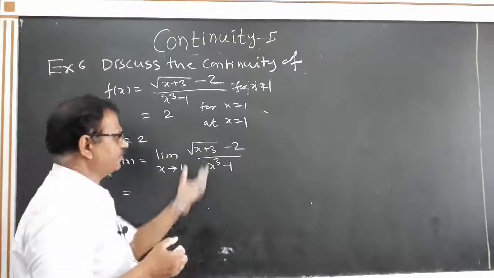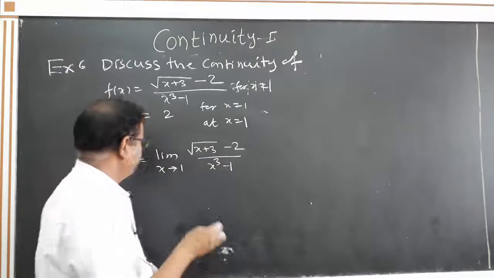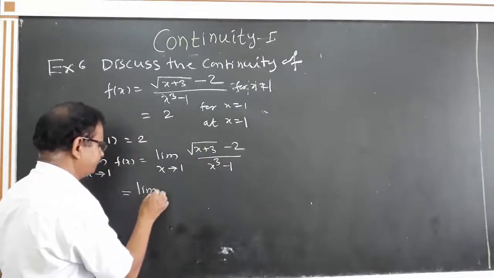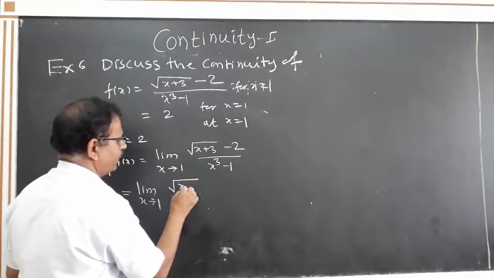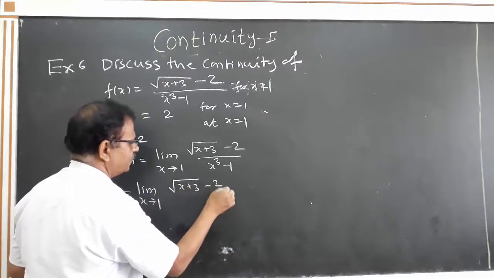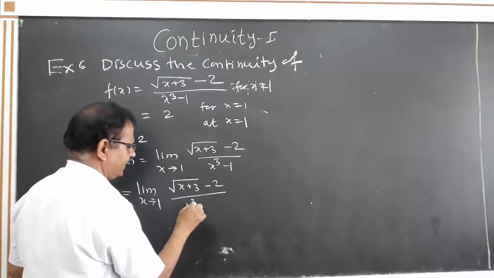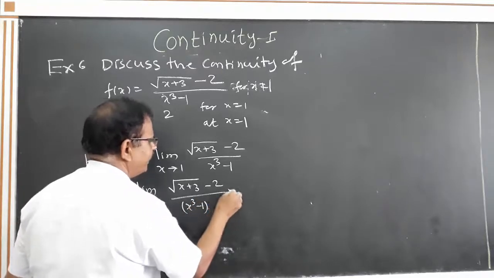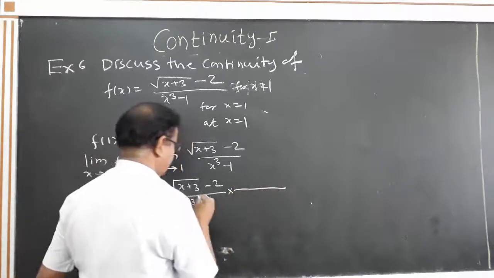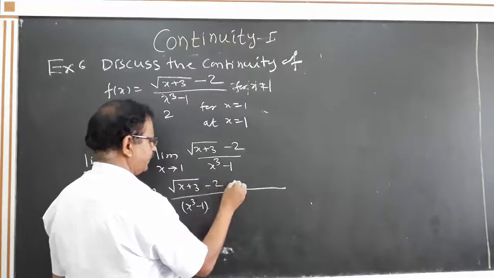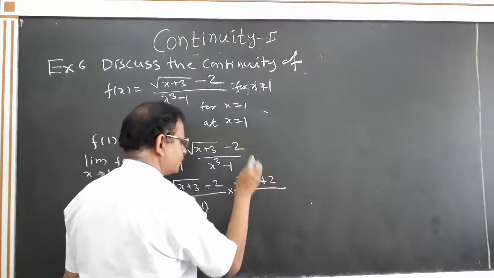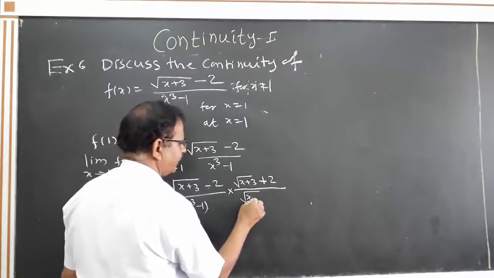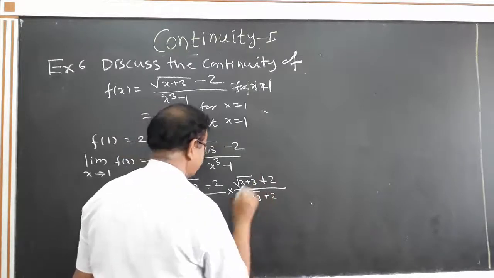Now as there is a root sign and minus some term, we shall make an arrangement. Limit x tends to 1 of (root of x plus 3 minus 2) divided by (x cube minus 1) into, we shall take a plus sign here instead of minus sign, (root of x plus 3 plus 2) divided by (root of x plus 3 plus 2).